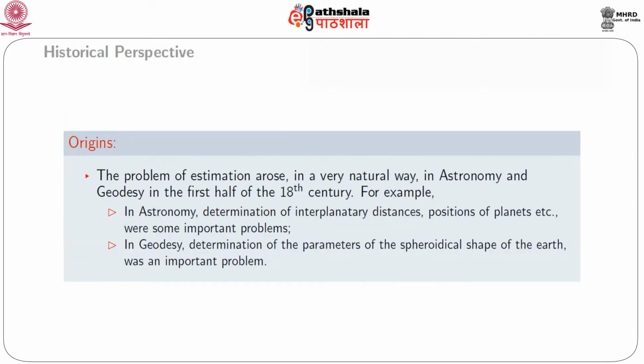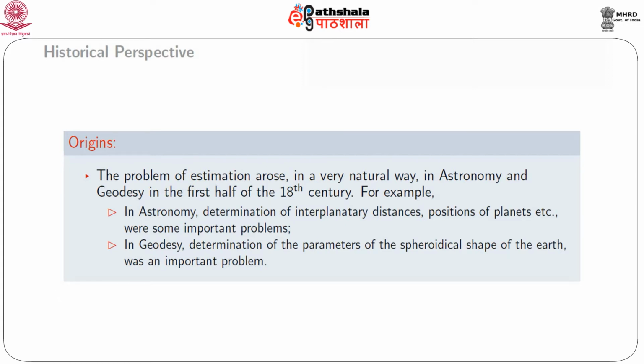Now, we discuss some historical perspective of the theory of estimation. The problem of estimation arose in a very natural way in astronomy and geodesy in the first half of the 18th century.